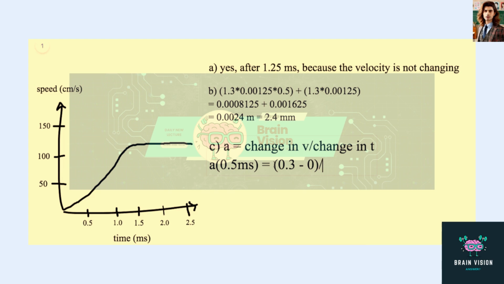All that divided by 0.0005 seconds. Giving us an answer of 600 meters per second squared.